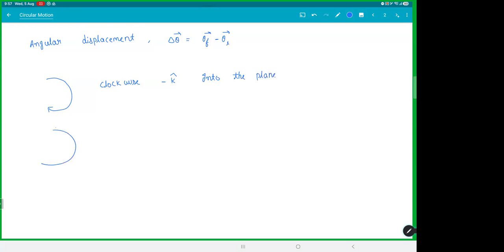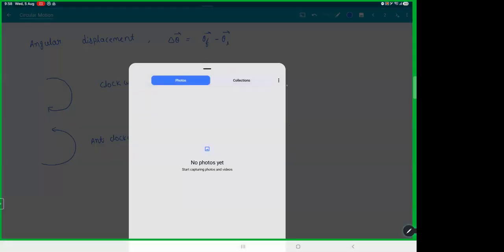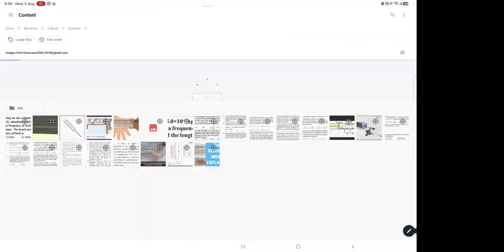If you're rotating opposite to the clock, we call it anti-clockwise. The direction is plus k cap. This is out of the plane. We have done this in detail in vectors, if you remember, pseudo vector and all that stuff. I'll show you anyways.